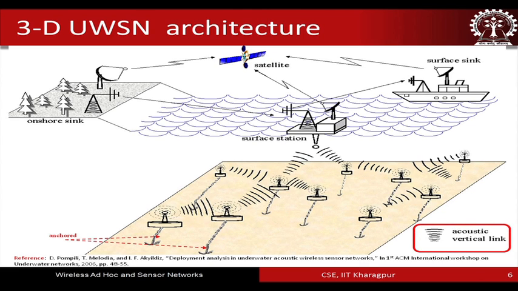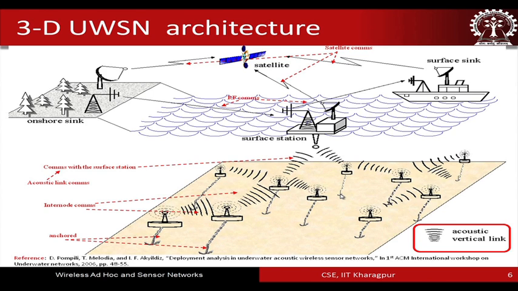Then we have these nodes which are floating in the ocean column, and there is an acoustic mode of communication from them to the surface station. So, we have some nodes which are anchored to the ocean bottom, and these nodes are also able to communicate with each other, plus they can send the data through acoustic means to the surface station.